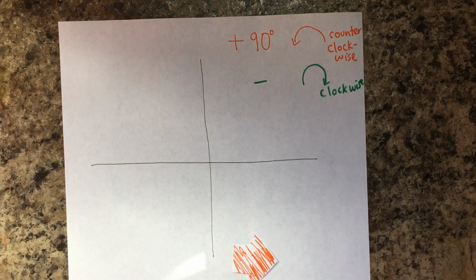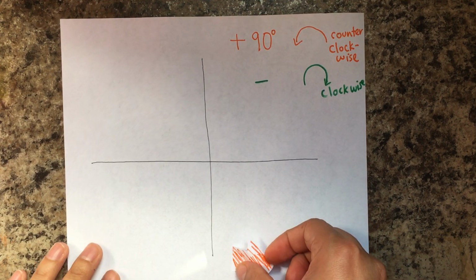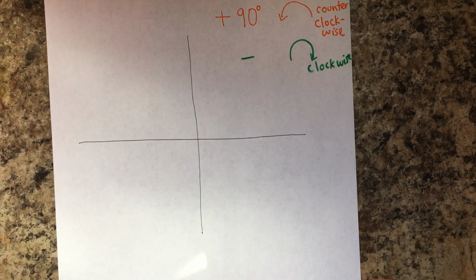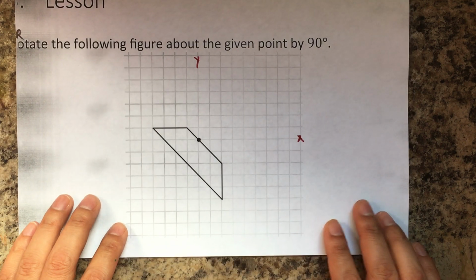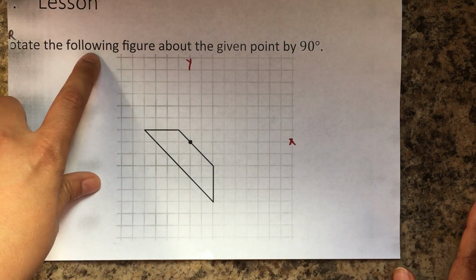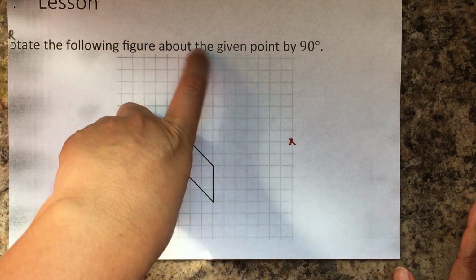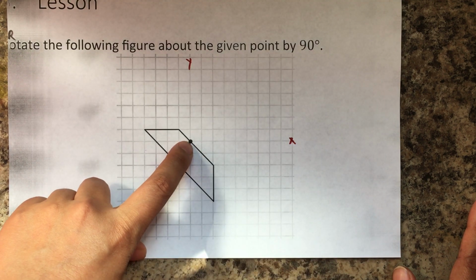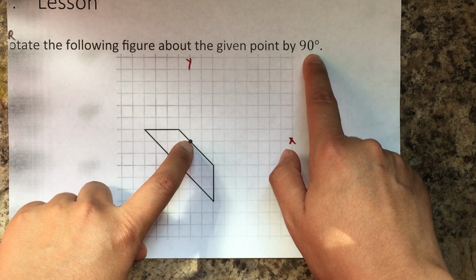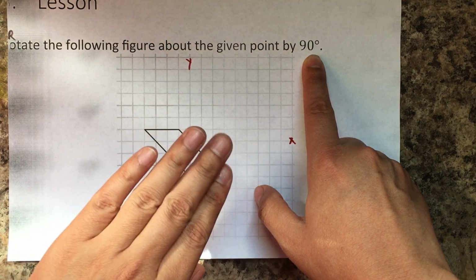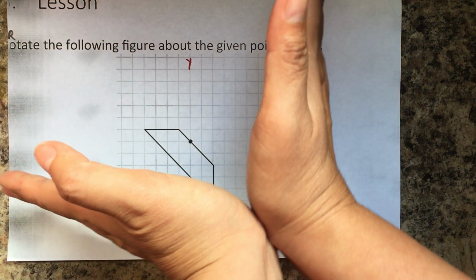Let's do the first example, and then we'll go with it. It says rotate the following figure about the given point right here by 90 degrees. 90 degrees just means, how does a 90 degree angle look?